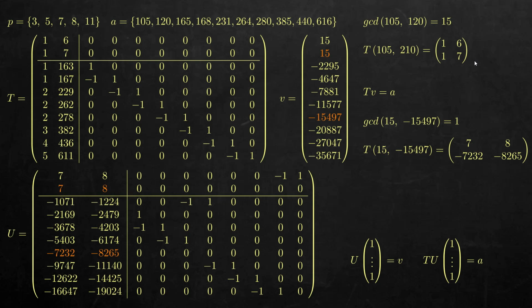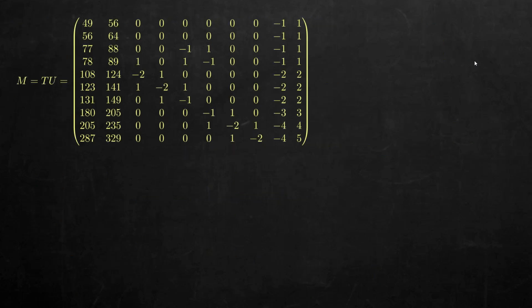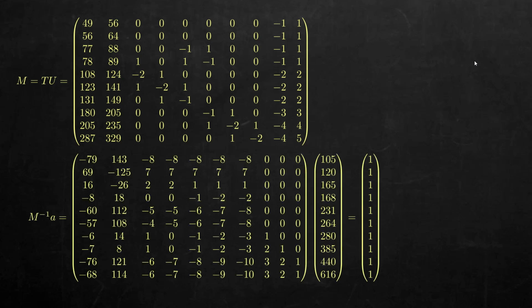And the product of T and U will map the vector of 1s to the vector A. Here we can see one example of this matrix M, since by tuning the elements of the block C, we can obtain other elements, and also by using another matrix for B. And here we can see that the inverse of this element will map the vector A back to the vector of 1s.